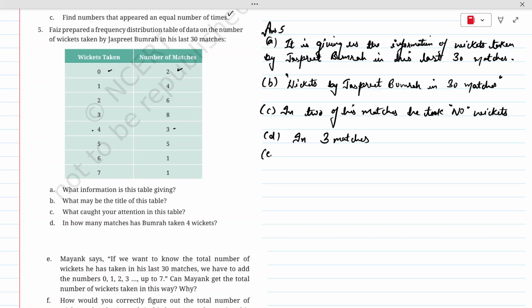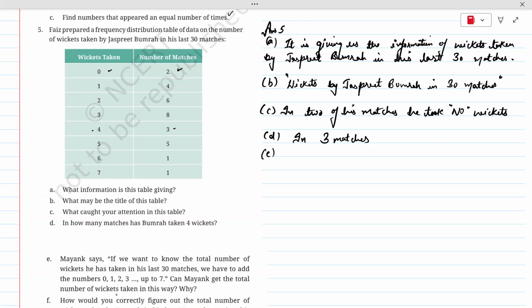Okay. Now, next is, Mayank says, if we want to know the total number of wickets he has taken in his 30 matches, if we want to know the total number of wickets he took, we have to add the numbers 0, 1, 2, 3 up to 7. So what he is saying is, if we want to calculate the total number of wickets he has taken, we have to add this. Okay.